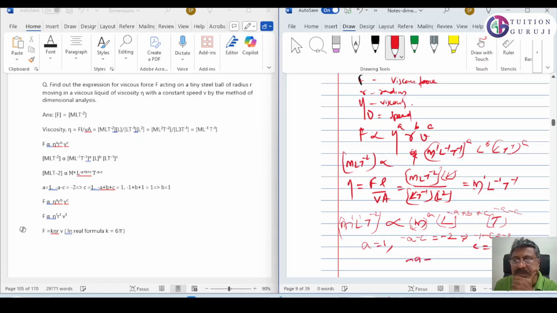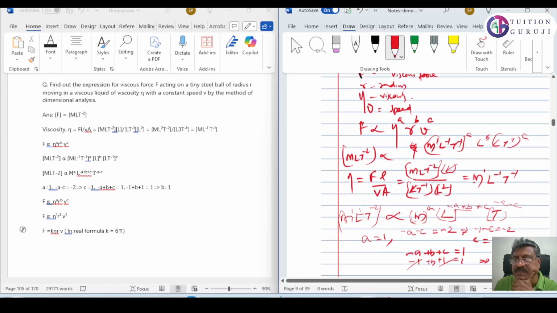Again, minus A plus B plus C is equal to 1. A is plus 1, so it is minus 1 here, C is plus 1, so plus B is equal to 1, which implies B is equal to 1. Minus and plus 1 cancel. So we got A, B and C.